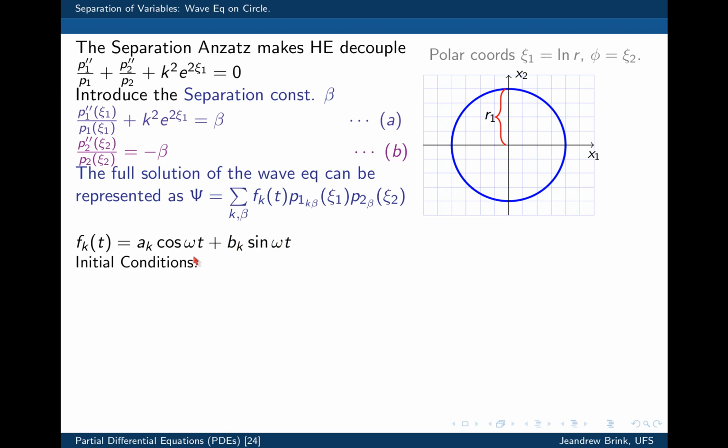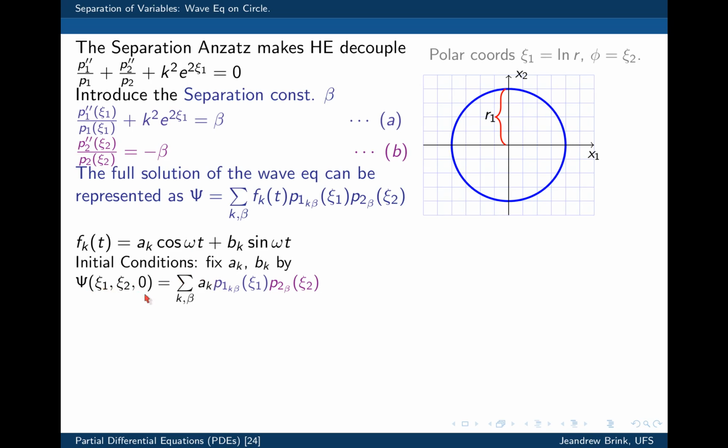The initial conditions for this equation we can actually implement by simply looking at what happens if in f we put t equals 0. So if t equals 0, sine of omega t vanishes, and cos of omega t equals 1. And so we can use that to fix a_k in the following way.